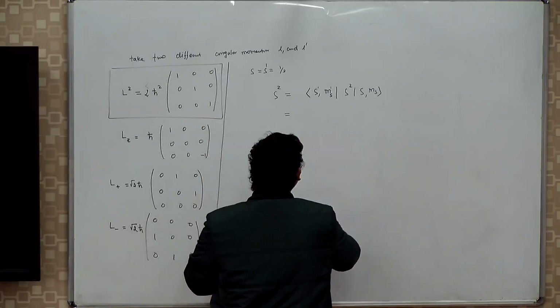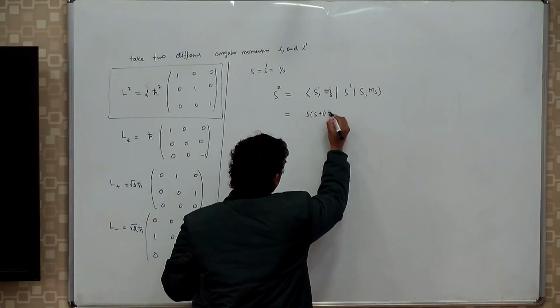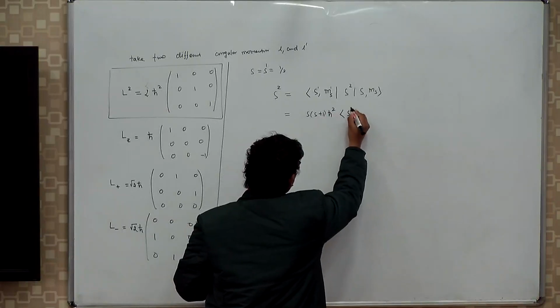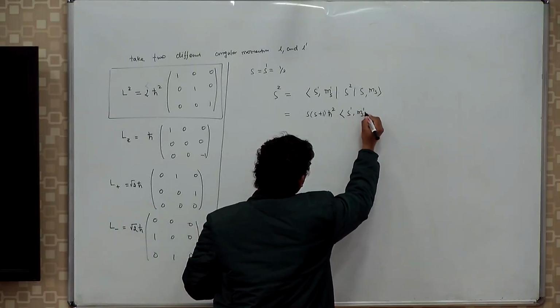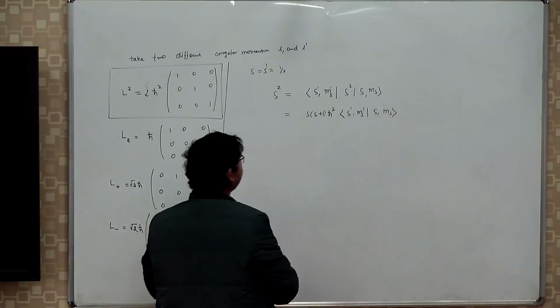It gives the eigenvalue S into S plus 1 h cross squared, then S dash comma m S dash and S comma m S.